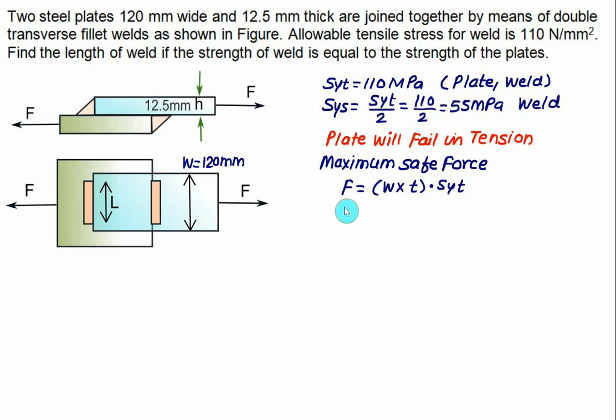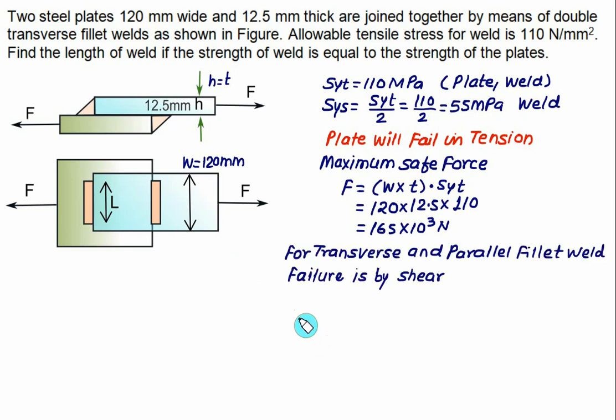That is, W equal to 120, thickness equal to H equal to 12.5, and SYT equal to 110. Using this we can calculate the maximum safe force, which comes out to be 165 into 10 to the power 3 Newton. Now the same force you have to apply for the weld also, and the weld will fail in shear.